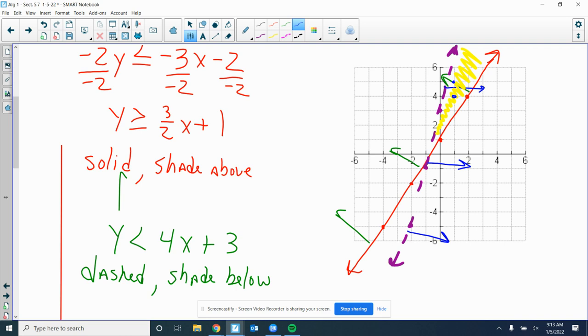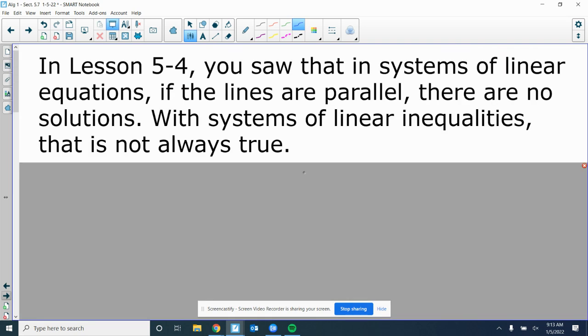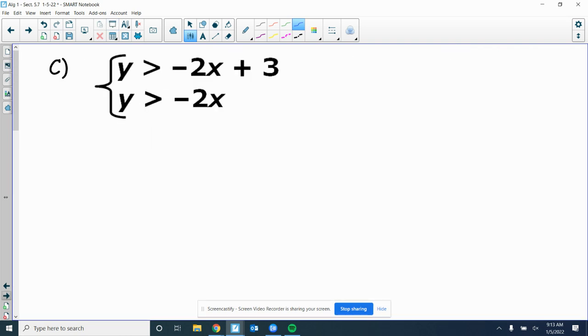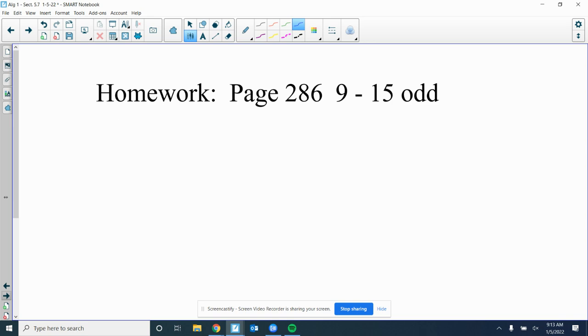There's some on the back, but we'll save those. I think we're good. Keep going to where it says the homework. I want to see which ones. It says 9 through 15 odd. We're just going to do 13, 14, and 15.